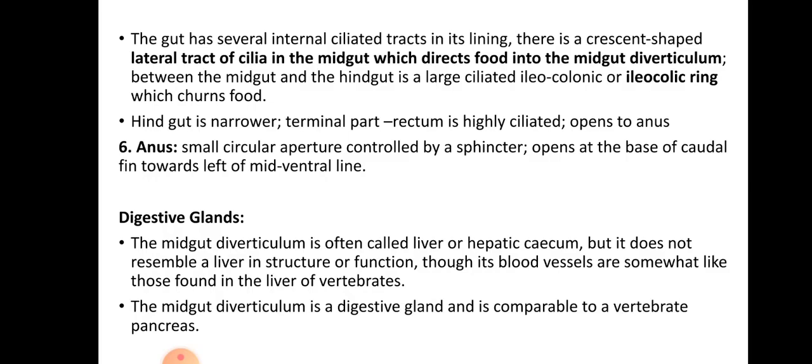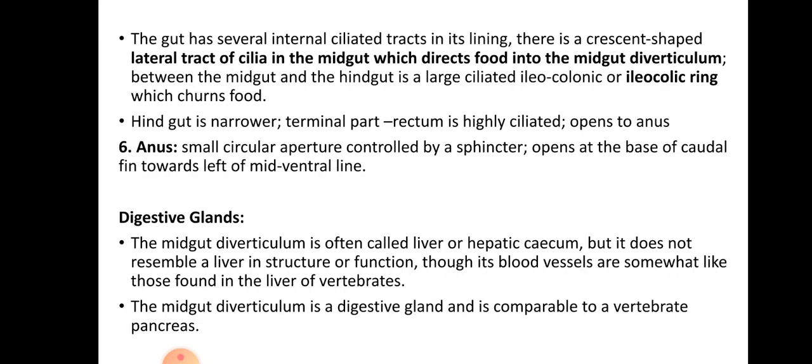Now the next thing that we need to learn is the digestive glands. Here in Amphioxus, the midgut diverticulum, which is often referred to as liver, is the main digestive gland. It arises as a blind pouch from the ventral junction of esophagus and midgut, and it extends forward into the atrial cavity on the right side of the pharynx up to one third of its length, and it is surrounded by a narrow coelomic cavity.